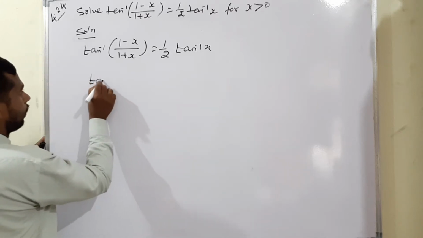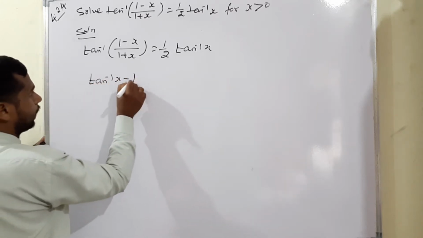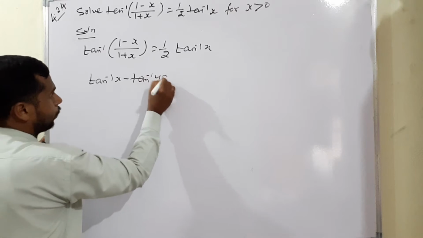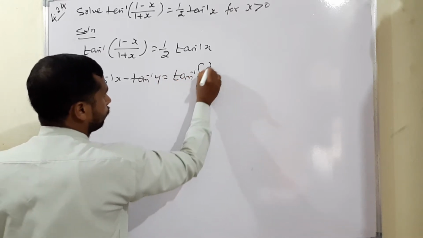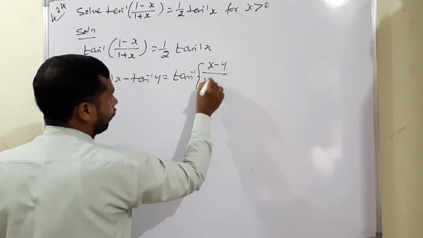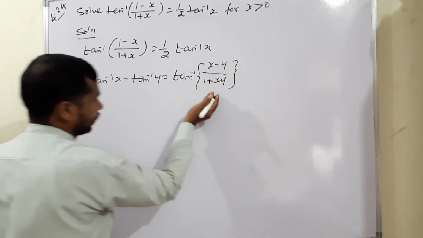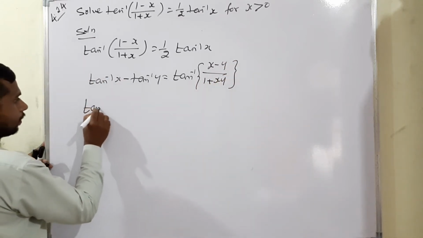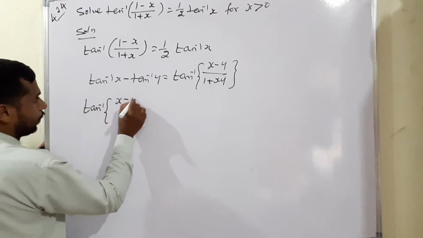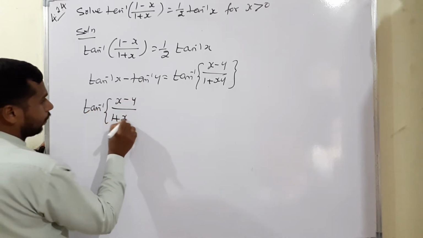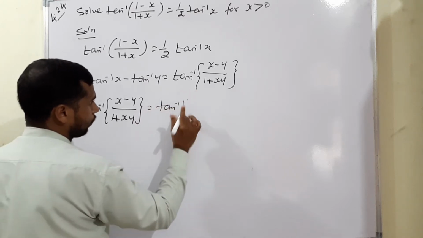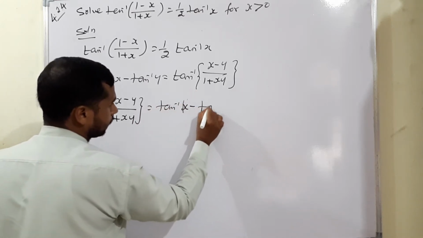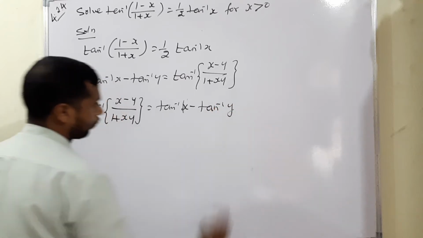So, what is the formula? Tan inverse x minus tan inverse y is equal to tan inverse of (x minus y over 1 plus xy). Just reverse the order: tan inverse of (x minus y over 1 plus xy) means tan inverse of x minus tan inverse of y.